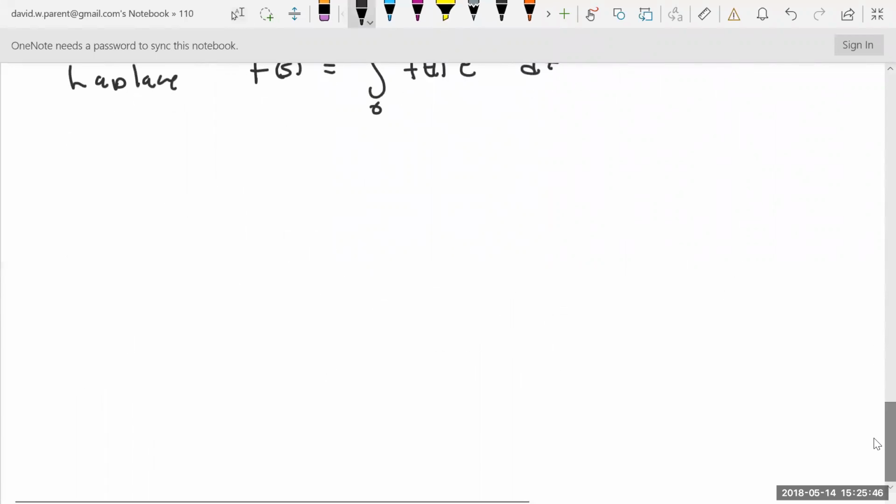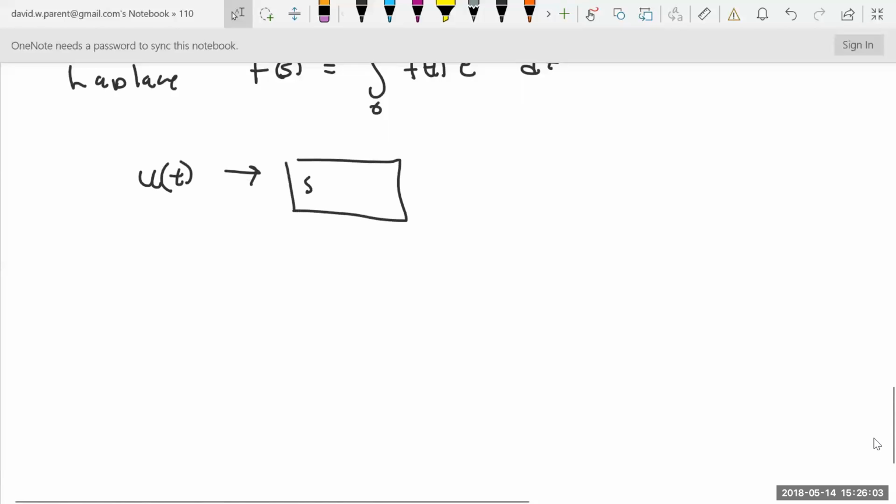Who cares? Well, the thing is, if I have a step response and I feed that into a system with an impulse response, which would be h of t, the output is this u of t convolved with h of t, which involves integration, which, yeah, for first order low pass filters and things like that, it's pretty easy.